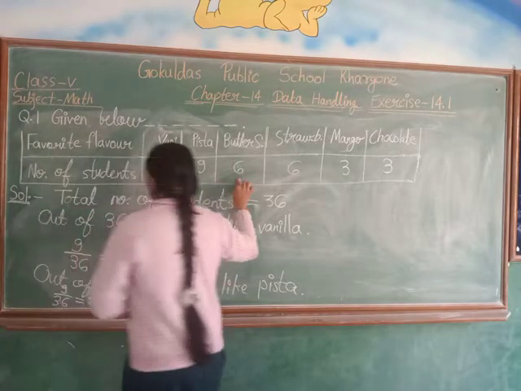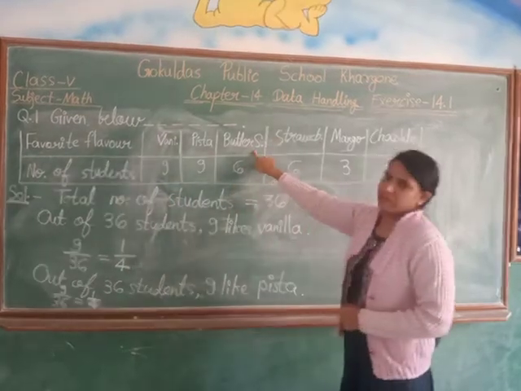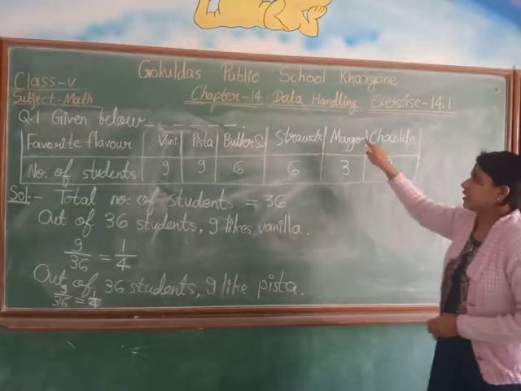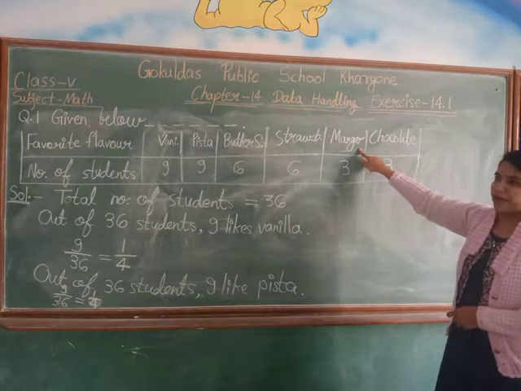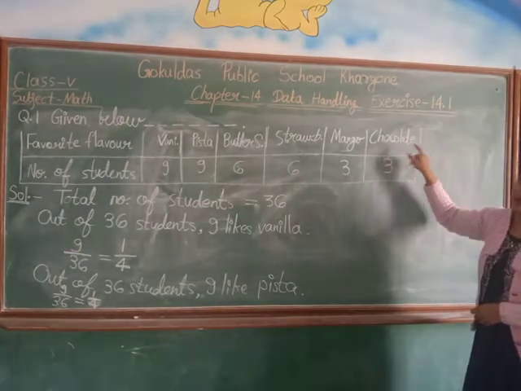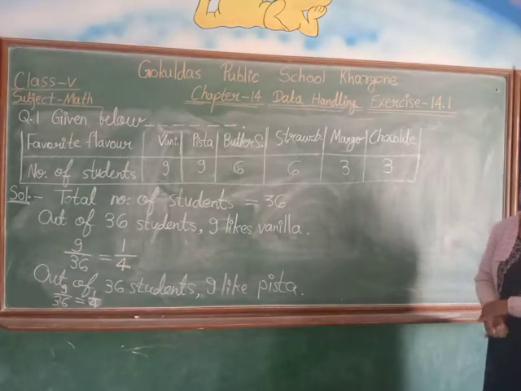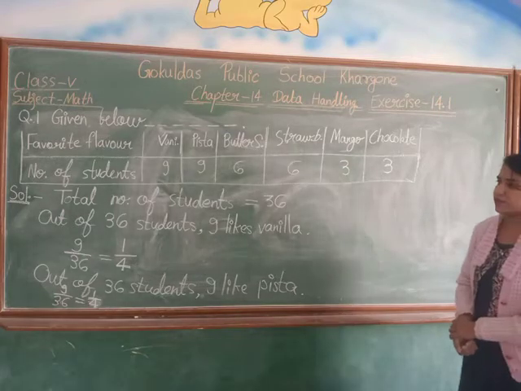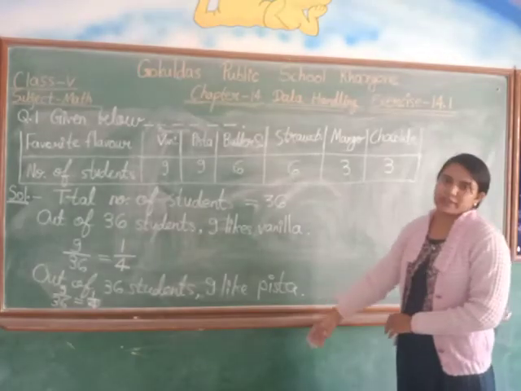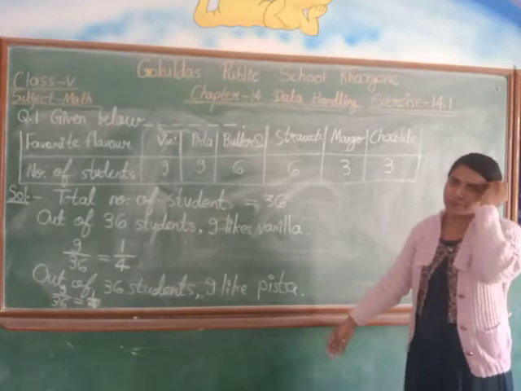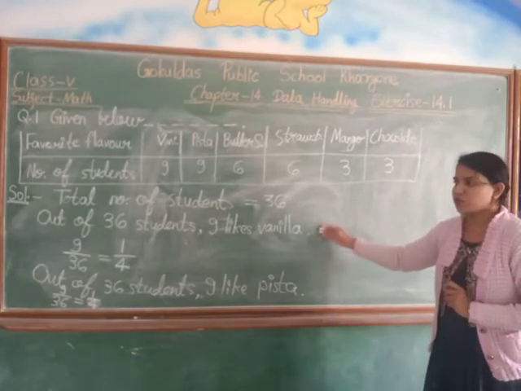Now we will write for the butterscotch flavor, then strawberry flavor, then we will find the fraction for mango flavor, then chocolate flavor. I don't have further space, so write down these two fast.